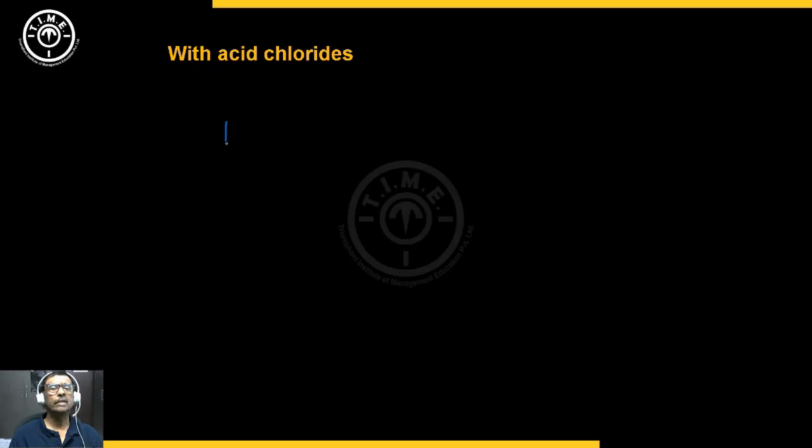Next, we'll move on to reaction with acid chlorides, which we have seen already, right, as part of the same nucleophilic substitution. And in fact, acid chloride is better than ester. So for the sake of completion, we are putting it here. So R is going to attack, the Cl is going to be out, you get a ketone.